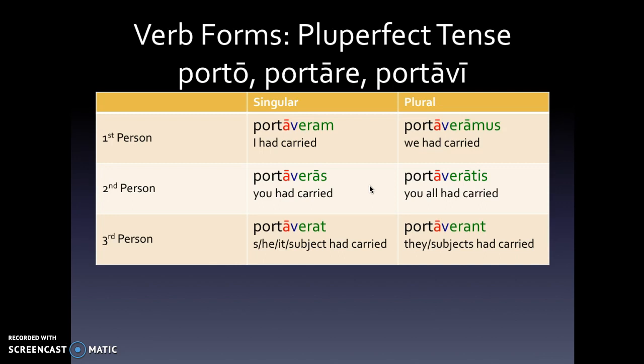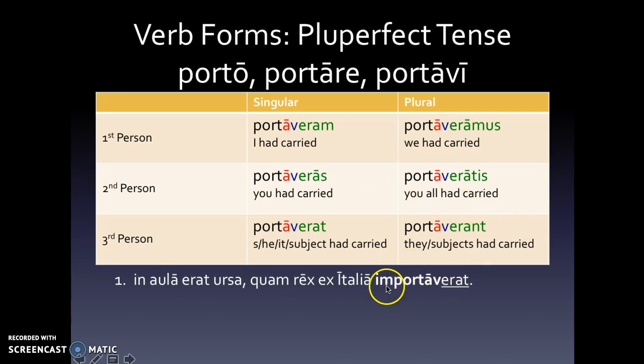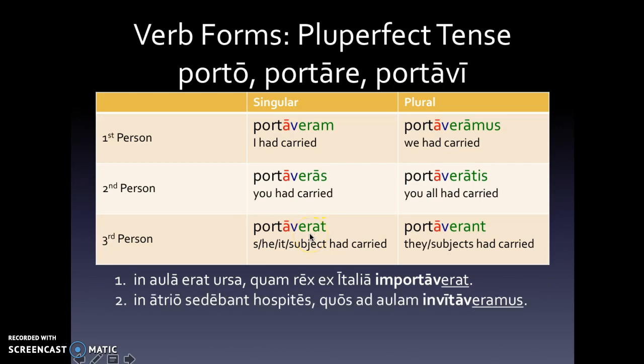Let's look at a couple of examples. In aula erat ursa, quam rex ex Italia importaverat. Importaverat is our pluperfect. The part that's in bold here is from the third principal part of this verb, and then we see erat, which is the third person singular for the pluperfect tense.